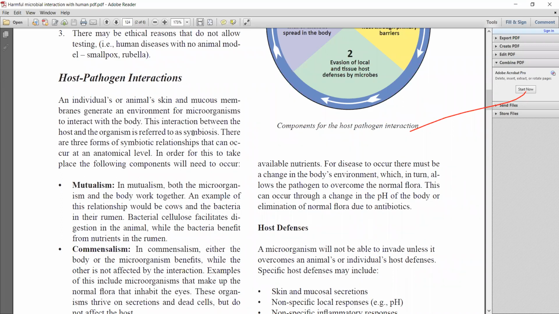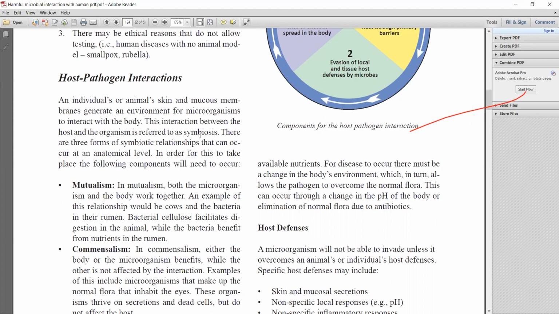See the way your normal microflora or any other organism happens to stay on the skin. They happen to reside in the skin. So it is giving a platform for this organism to live on the body itself without getting harmed. So this is a relation that the host and the organism have built amongst themselves.